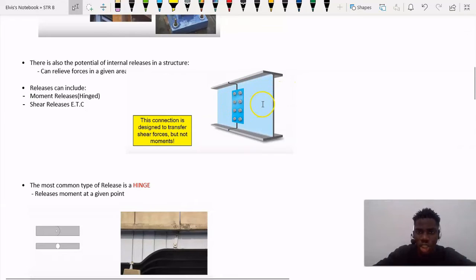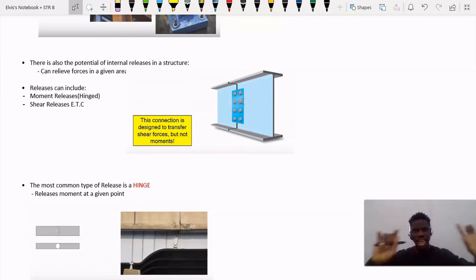Now, guys, in case you don't know, in steel design, this upper part and this lower part are what we know as the flanges, while this middle part is what we know as the web. So guys, we tend to use splices to connect the web together, with a series of bolts and a plate.